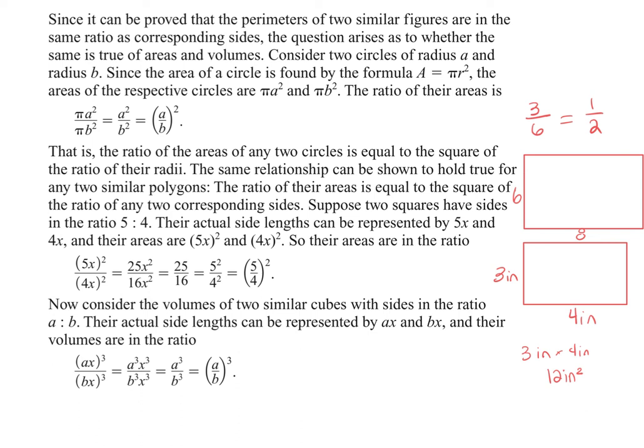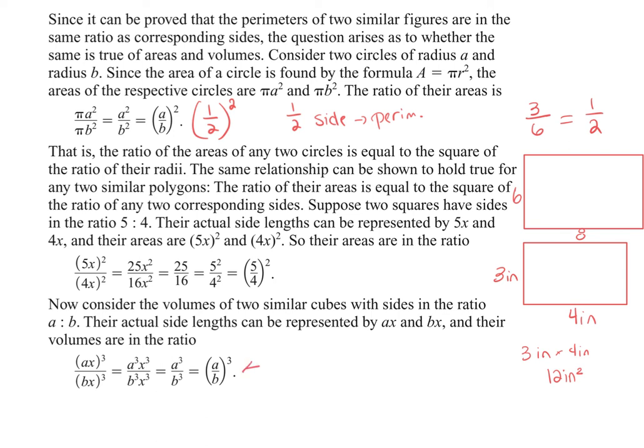That's what's going to happen for my side lengths and for my perimeter. Those are both going to be in a 1/2 ratio. But your area is going to be 1/2 squared. That ratio is going to be 1/4, 1 squared over 2 squared.